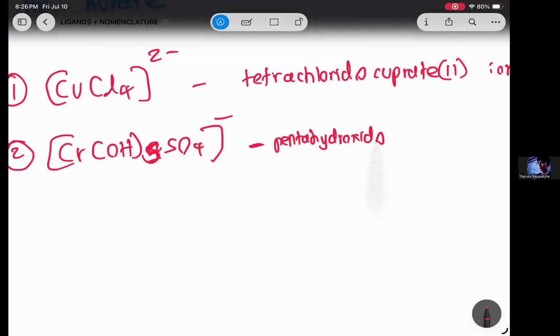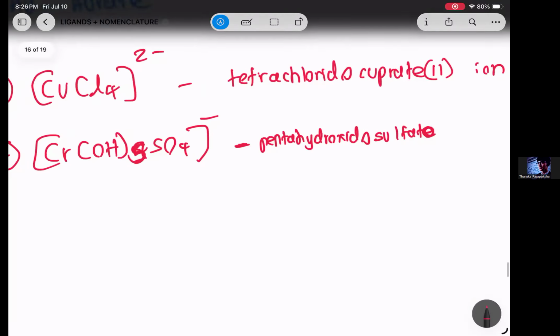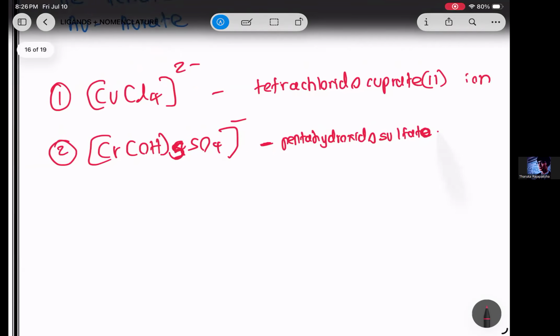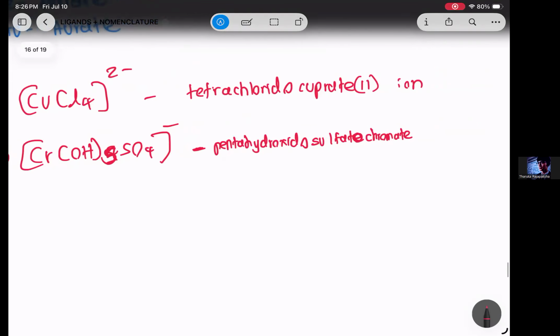Pentahydroxido, sulfato, chromate 3 ion.